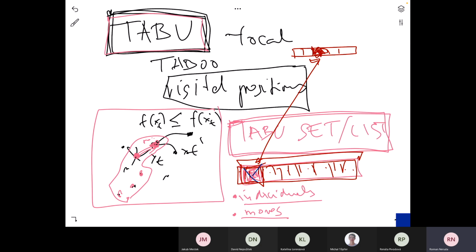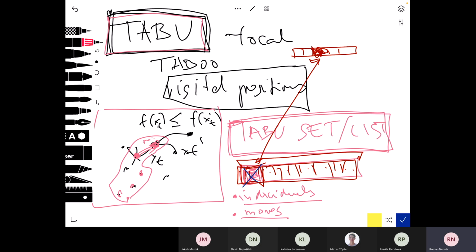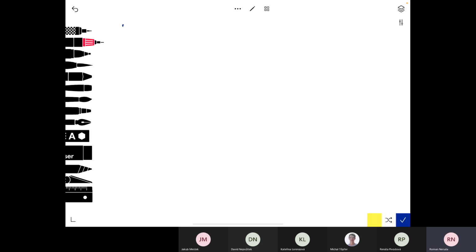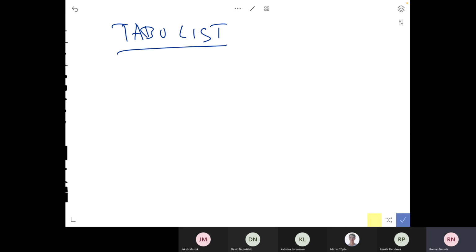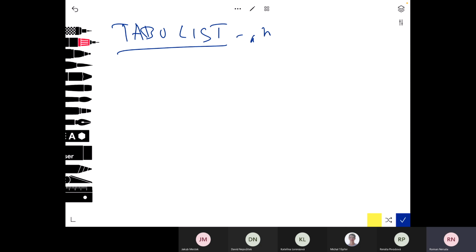Nevertheless, we have more complex mechanisms for this, and so for the Tabu list we have the moves, the operations, as an efficient representation of the individuals, and the clever idea how to solve the limited size of the buffer, and it's also better for the algorithm, is that we have a time limit.